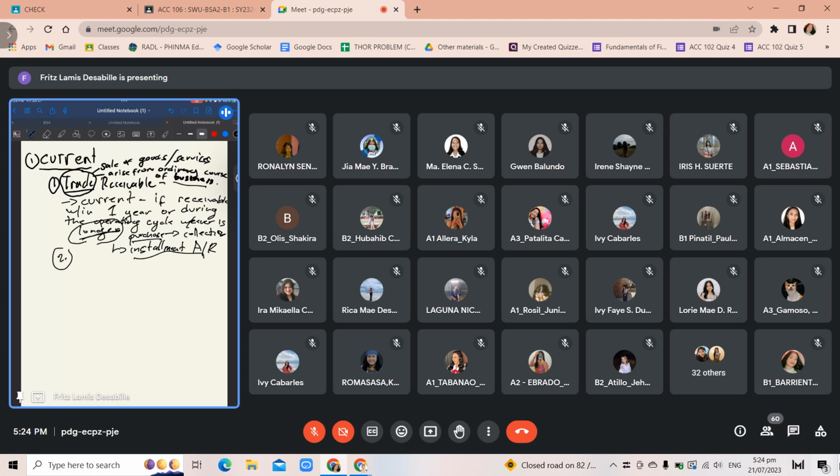I hope you got it, describing it in terms of cellphones. Those are trade receivables, still current even if collectible for more than one year, as long as the operating cycle is more than one year.